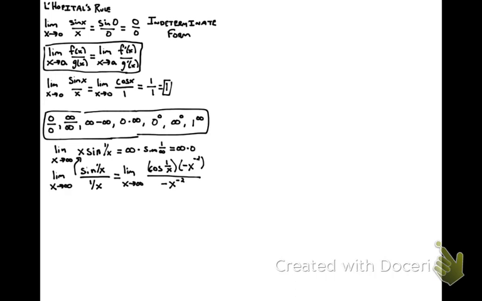This limit will simplify to the limit as x goes to infinity of the cosine of 1 over x, which is, as x goes to infinity, 1 over x goes to 0. So this is the cosine of 0, which is 1.